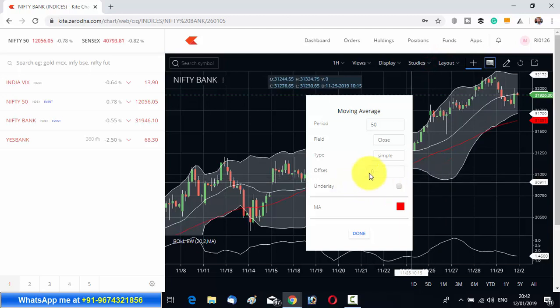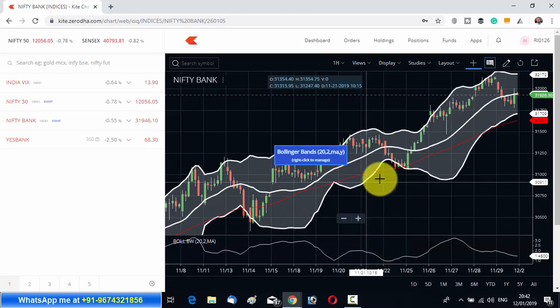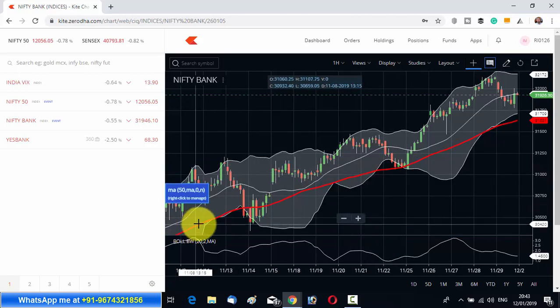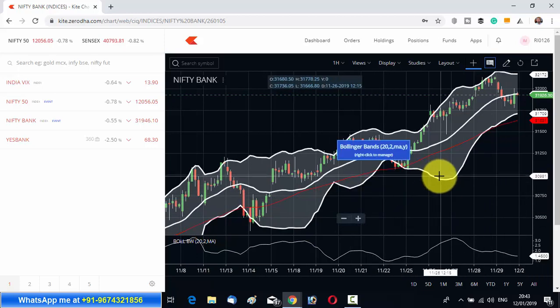We will add a 50 period moving average, and this 50 period moving average will identify the larger trend. Whenever the price is closing continuously above the moving average, the larger trend is up.